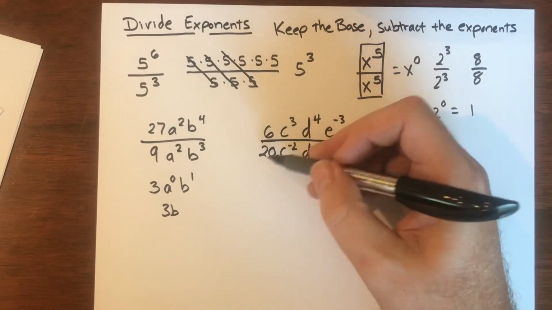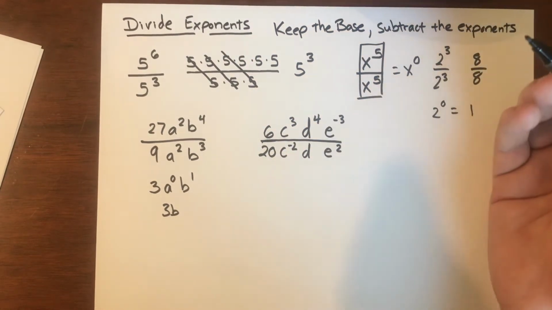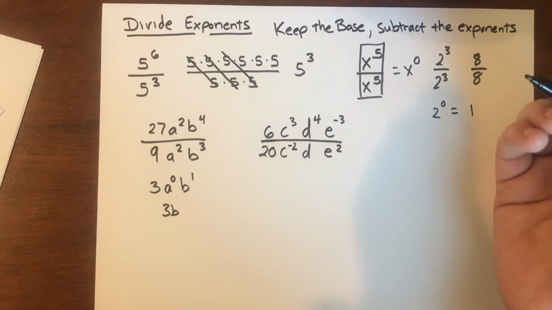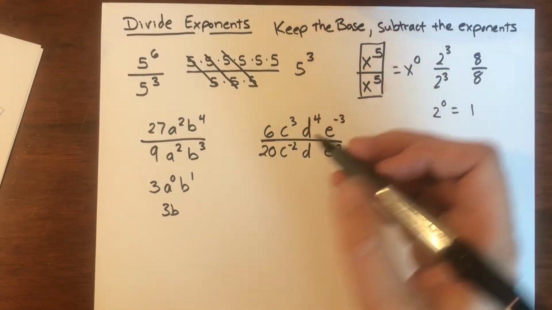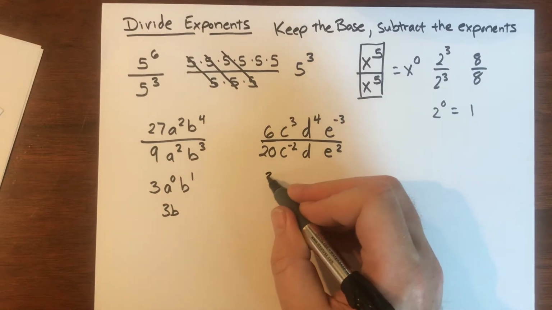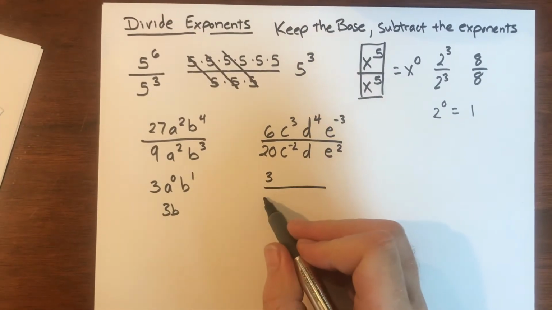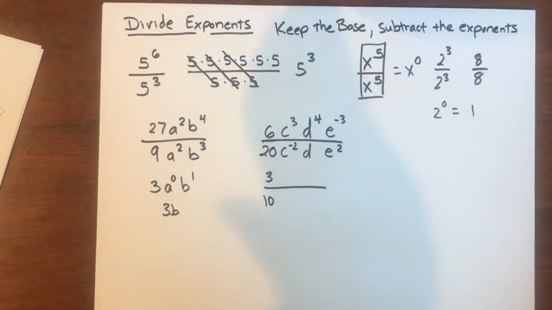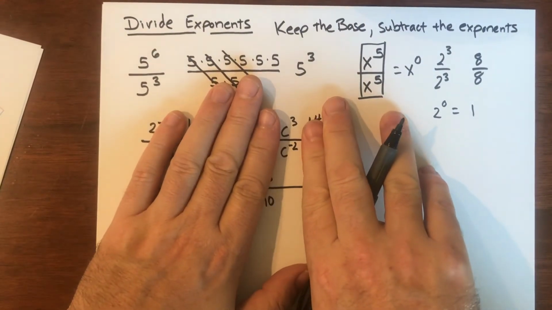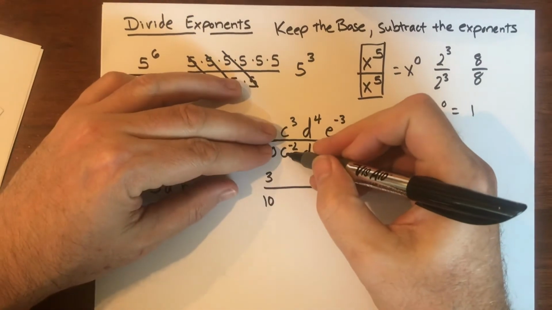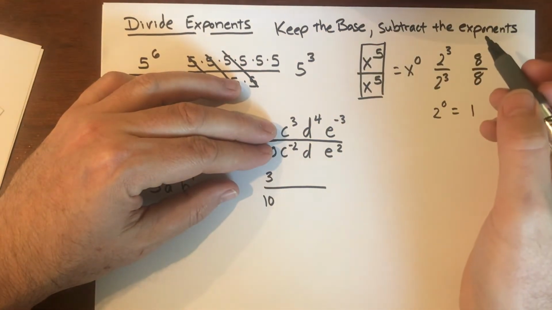So this thing here, this 6 over 20, this is a fraction, right? What do you do with fractions? Well, you see if you can simplify it. So 6 over 20 becomes 3 over 10, right? Okay, that's not hard. That's all you have to do. Now, here's what I'm talking about with opposites. We're going to keep that c, because we keep the base.